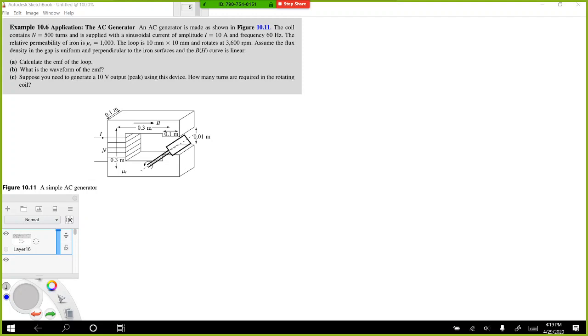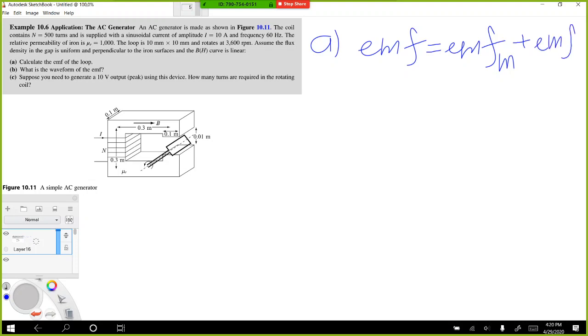Okay, we are dealing with question A. The electromotive force is the sum of the electromotive force due to the motion plus the electromotive force due to the transformer action.